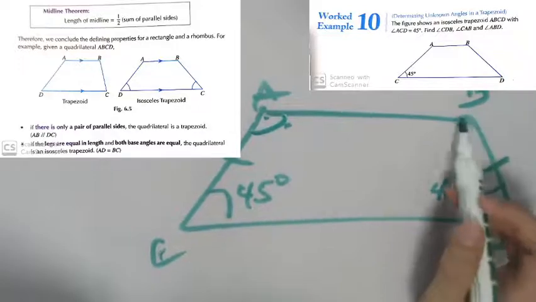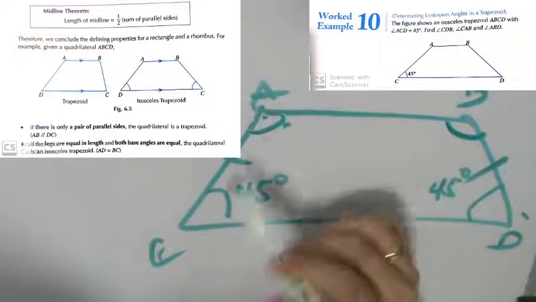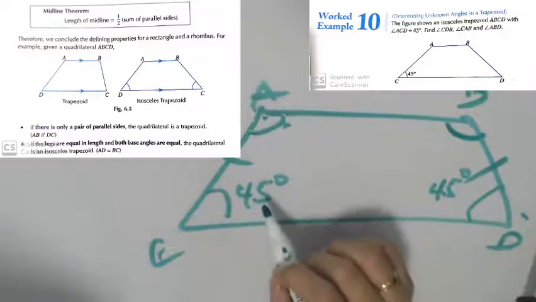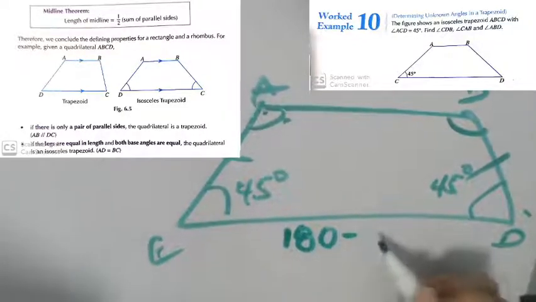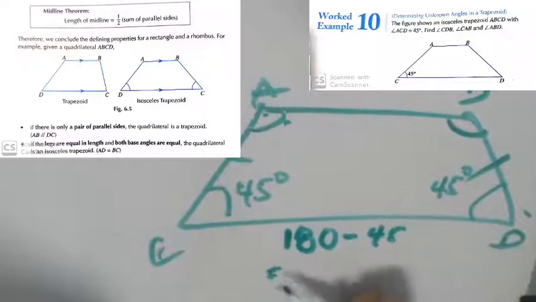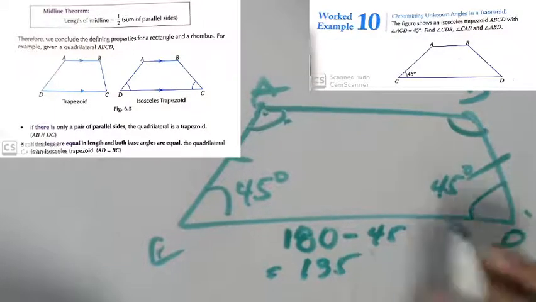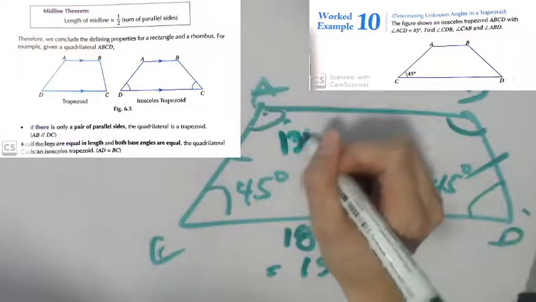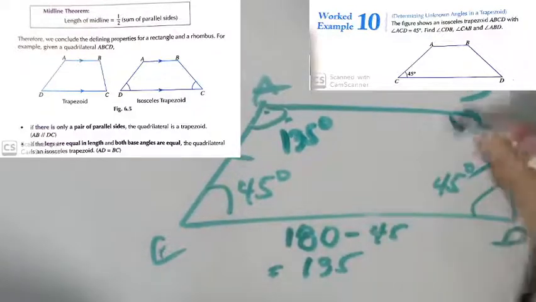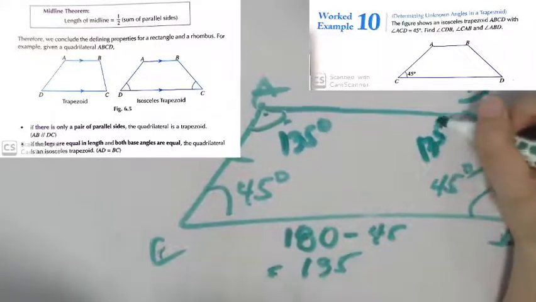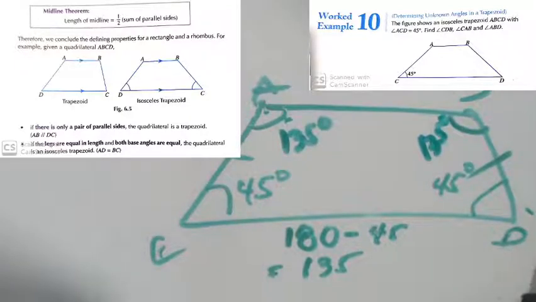For us to be able to get the values of the angles A and B, we are going to subtract 45 from 180. And 180 minus 45 will give us 135. Therefore, this one will be 135 degrees. And if this is 135 degrees, the other one also will be 135 degrees. Let's proceed to our second example.